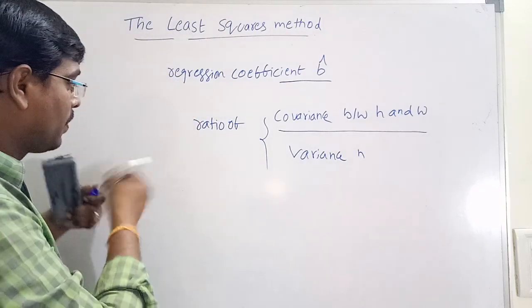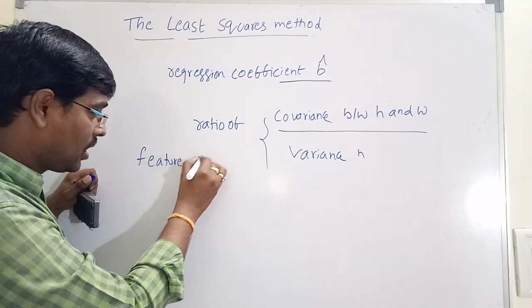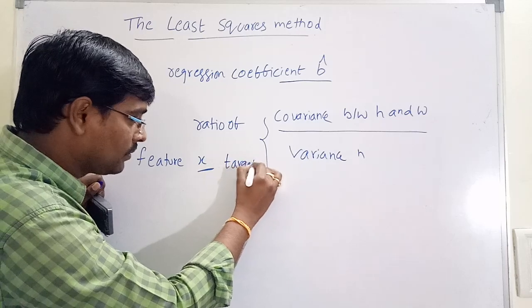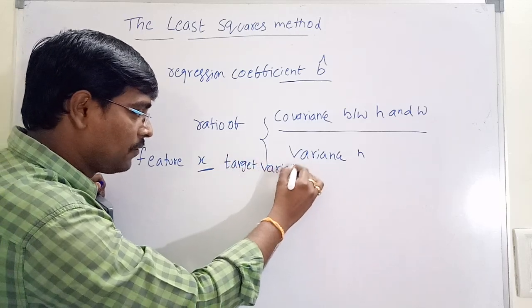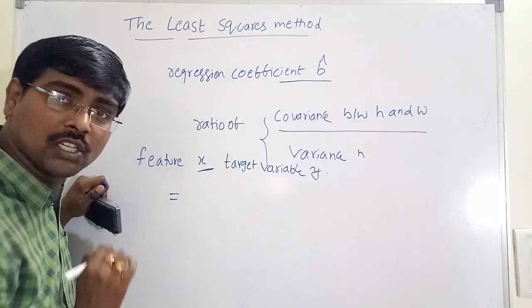For example, assume a feature is x and the target variable is y. For a feature x and the target variable y, what is the regression coefficient?